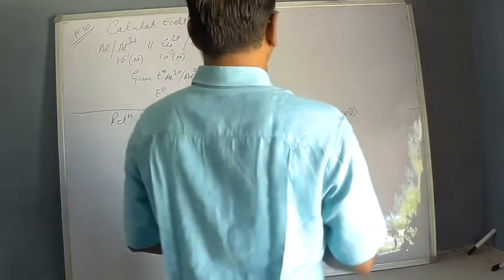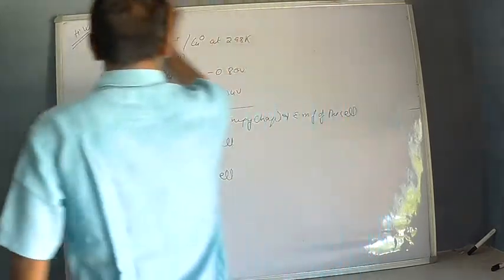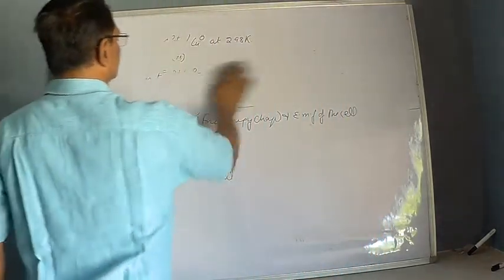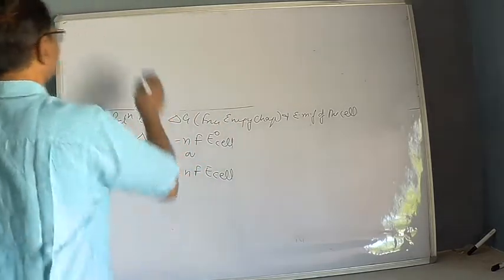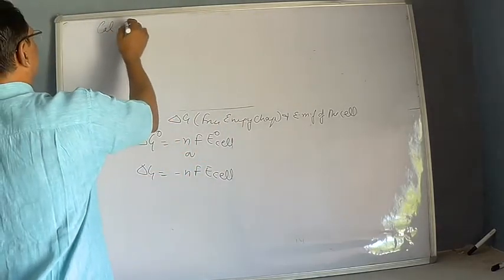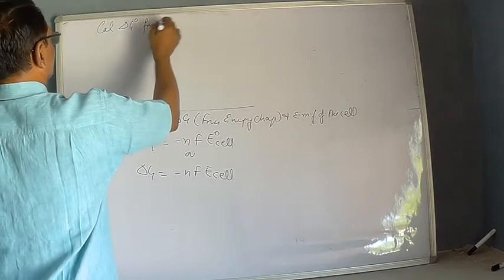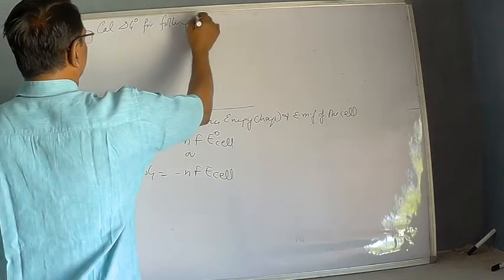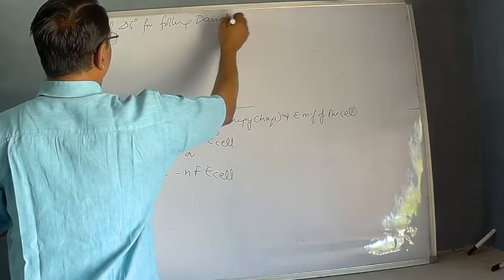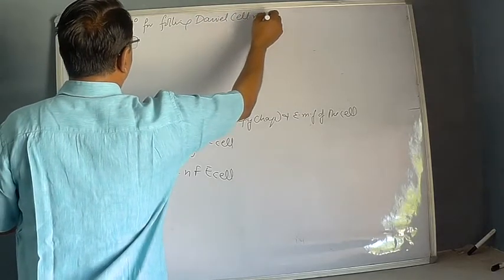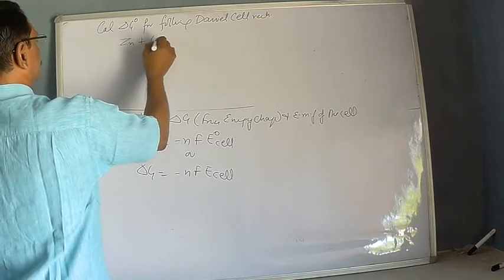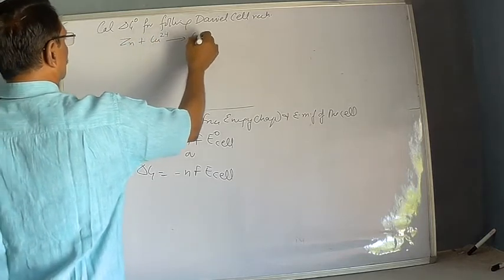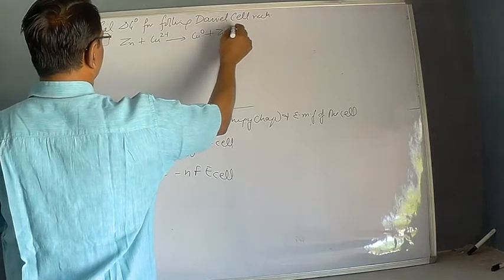Class, let's solve a numerical over here. Calculate delta G0 for the following Daniell cell reaction. The same reaction giving you copper and zinc 2 plus.